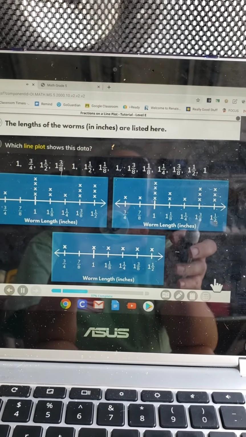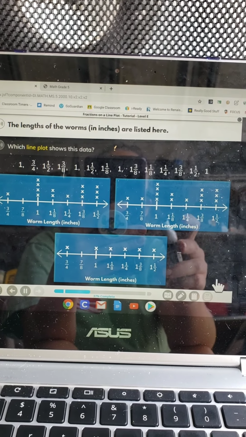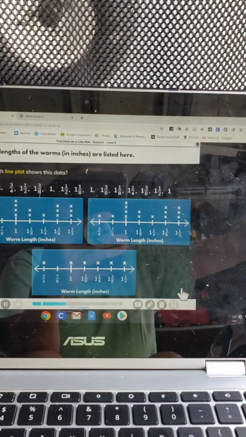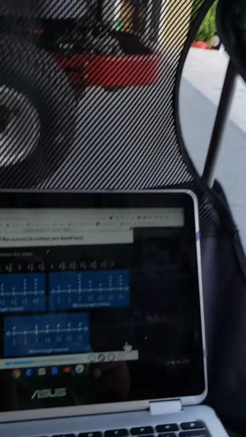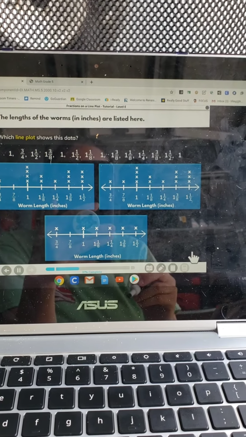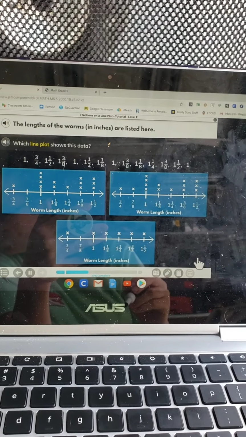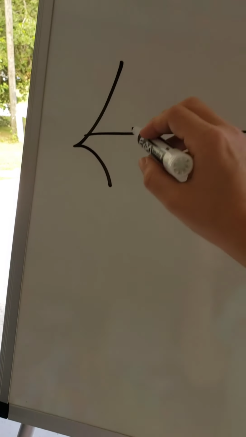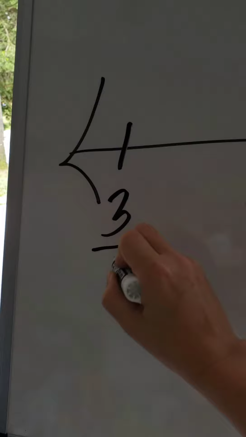Okay, so a way you can find this out is making your own line plot and plotting your data. All of them start with 3/4 and end with 1.5. So that's where we will start.